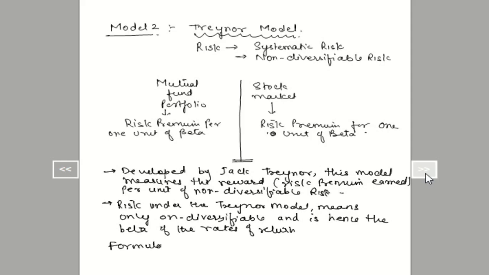Formula: RP minus RF upon beta of portfolio. The higher the Treynor ratio, the better is performance.